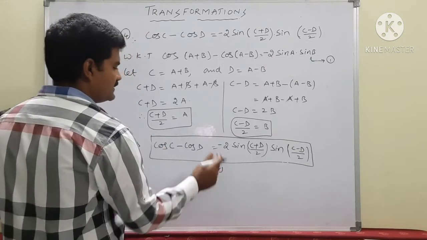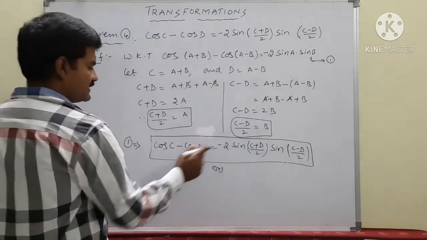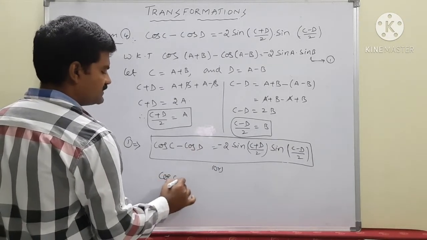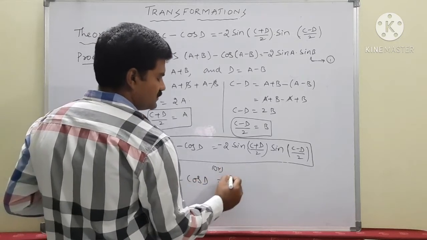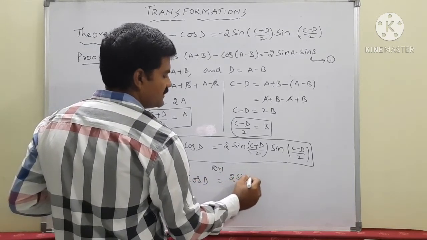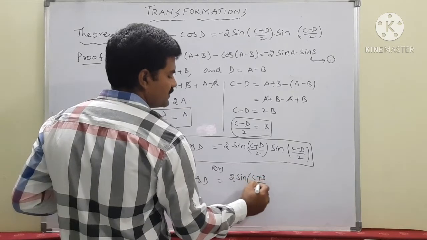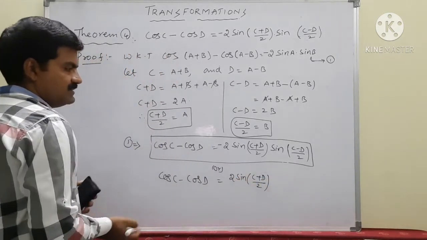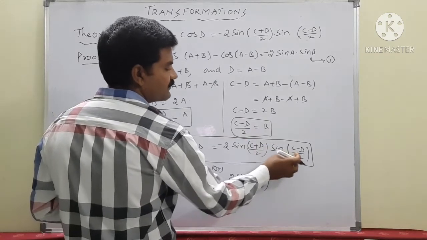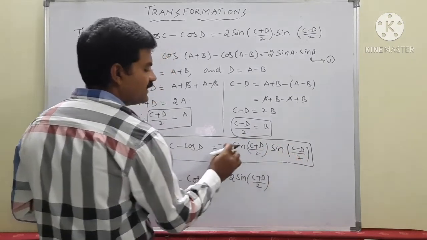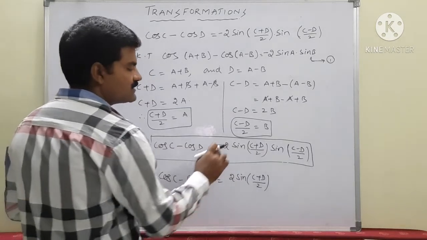Or otherwise, the same formula we can also write it as cos c minus cos d is equal to, that minus you can give it inside. Sin of minus theta is anyhow minus sin theta, no?